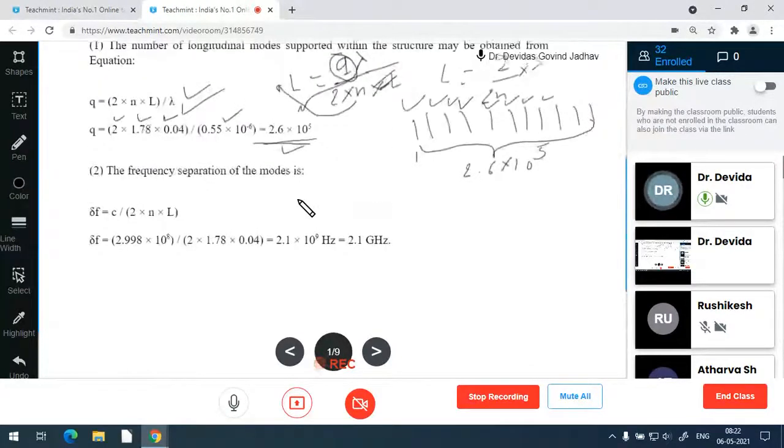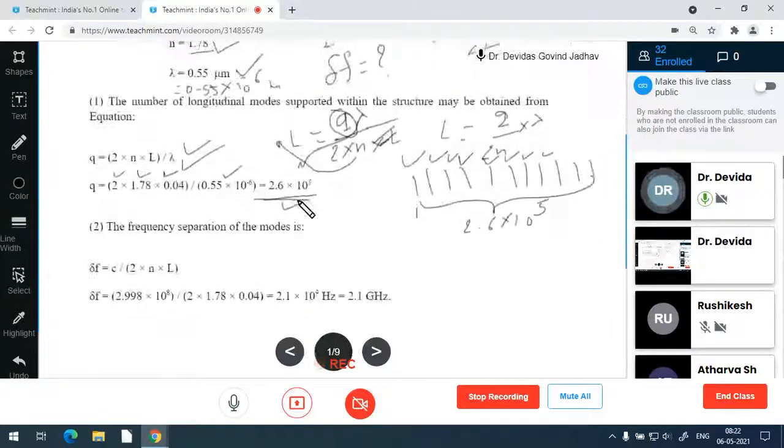Now the second asked is delta F. Delta F directly has the formula C upon 2NL. This is the difference between two frequencies.